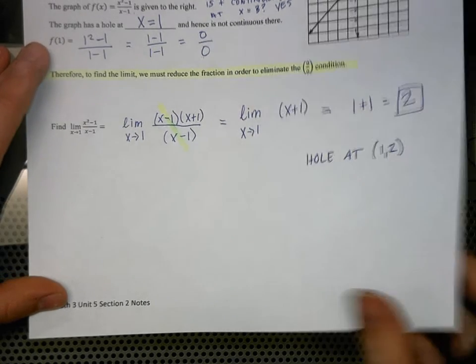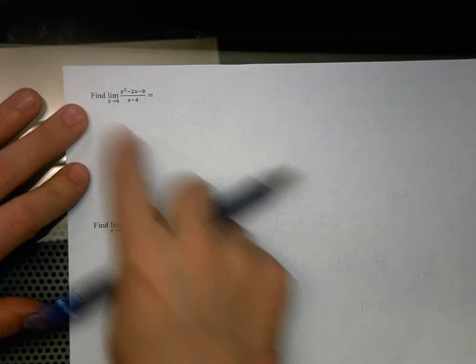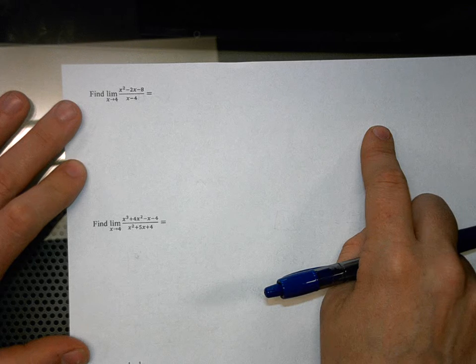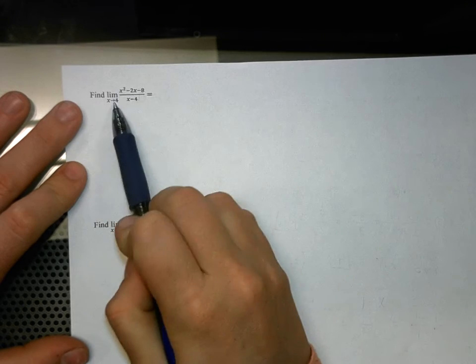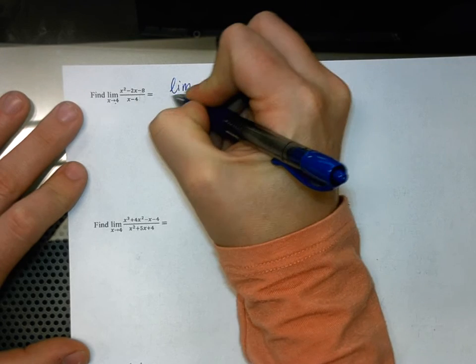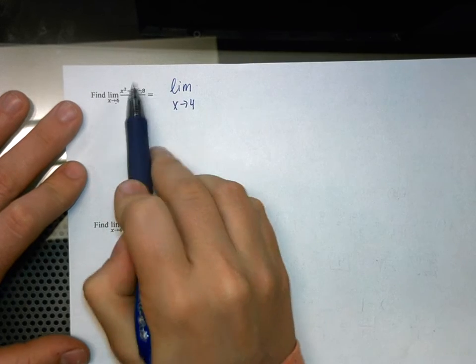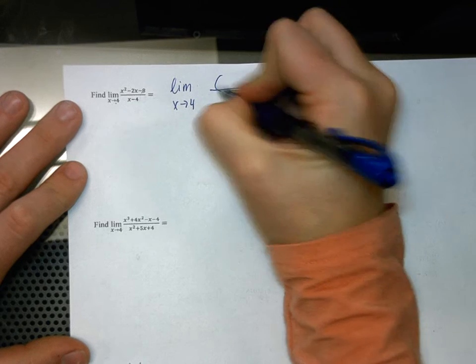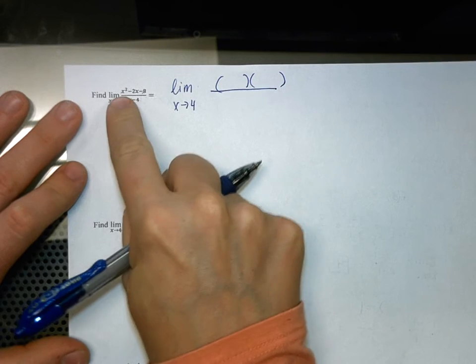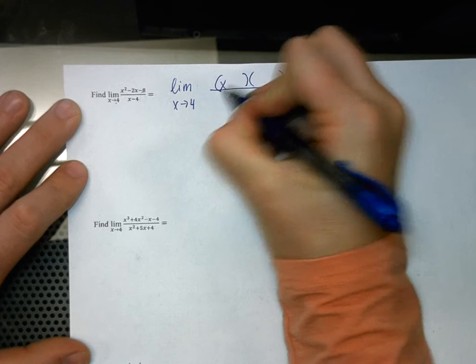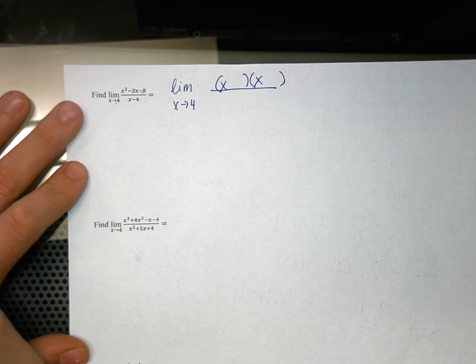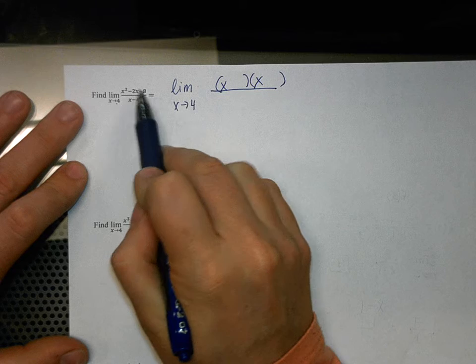So if we flip to the back side, if we don't have the graph to look at, we're still going to reduce our functions in order to find the limits. Because if I plug in any of these values, I'm going to get 0 for the denominator. So instead, let's start to simplify. So simplifying my numerator here, I would have to factor it, and I can use the short method. So what multiplies to get x squared? That's x times x. What multiplies to get negative 8 but adds to get negative 2?